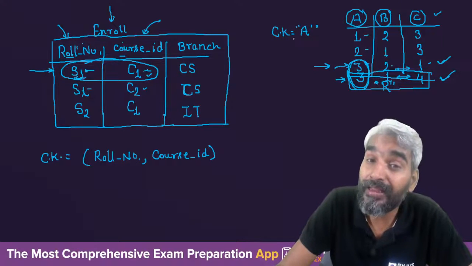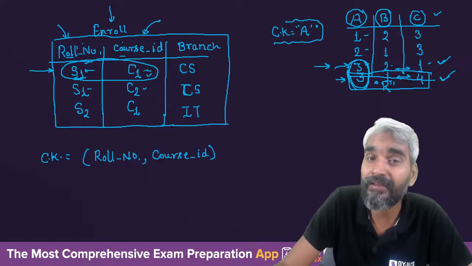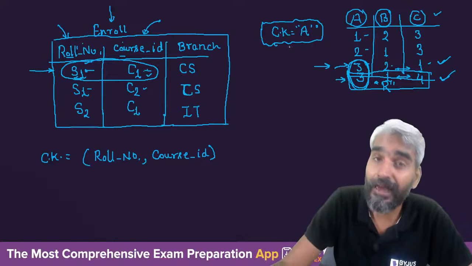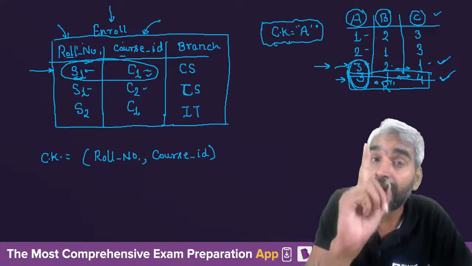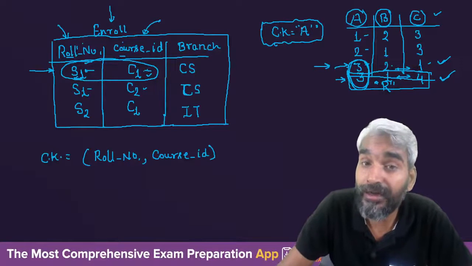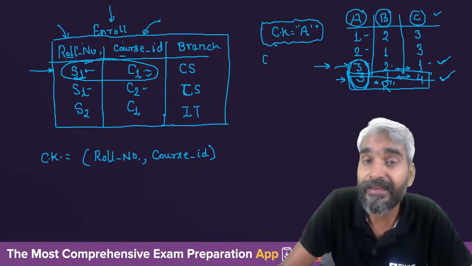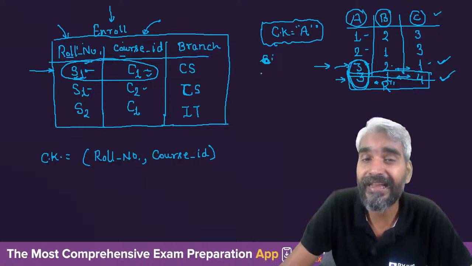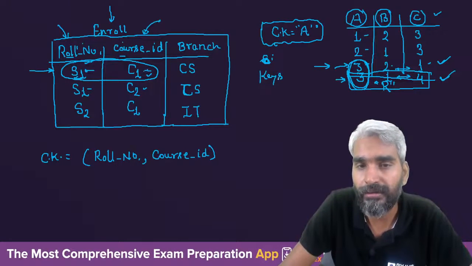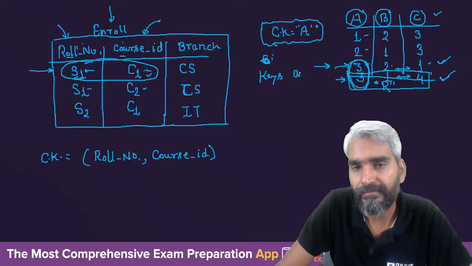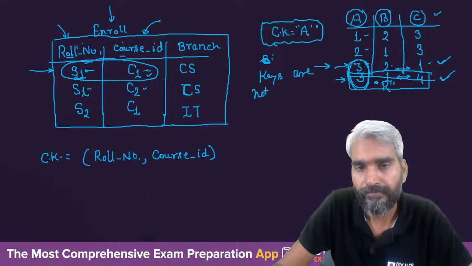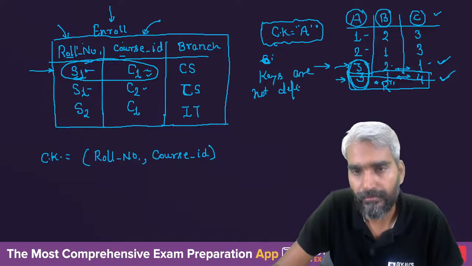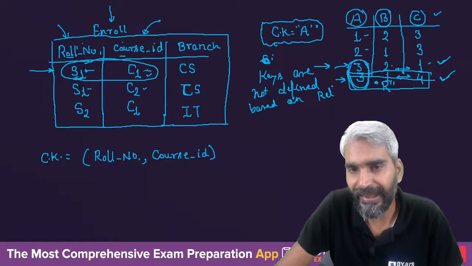So based on the instance, you may see that the values of A are distinct. Therefore, learn it and understand this: we will not define the concept of a candidate key, or any keys, based on the instance. Keys are not defined based on the relational instance.